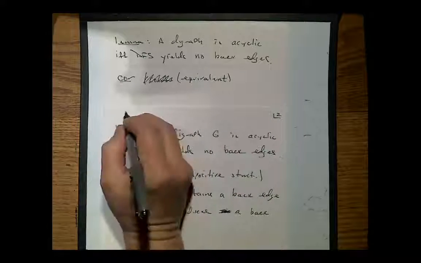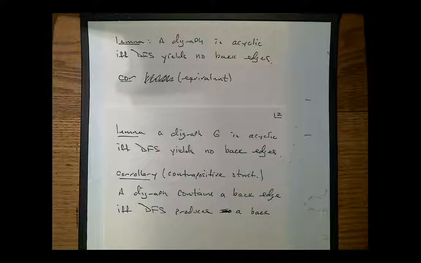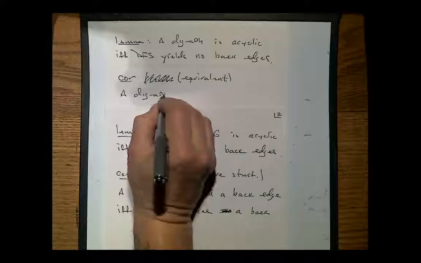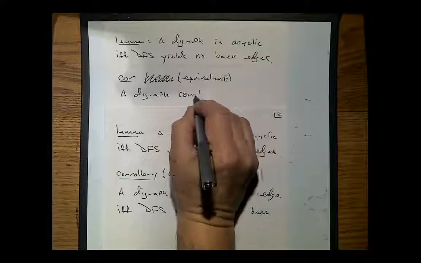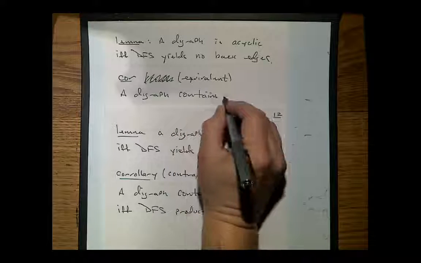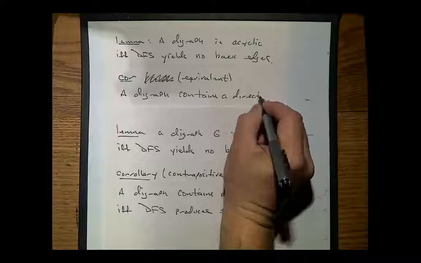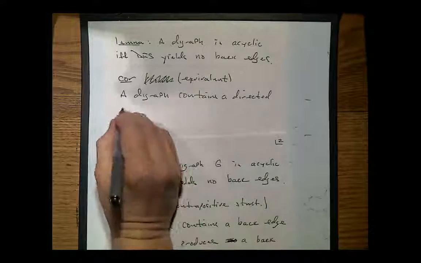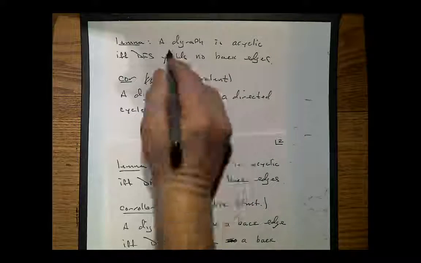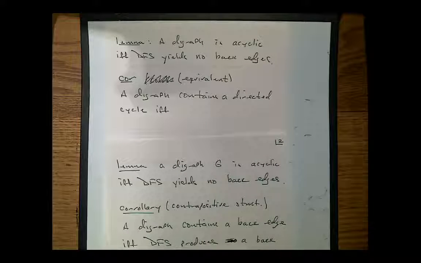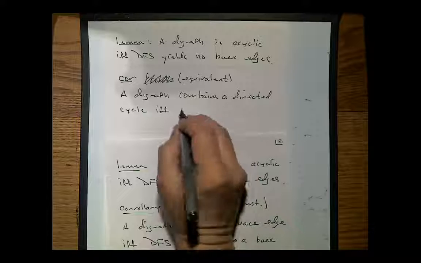An equivalent statement: a digraph contains a directed cycle, that's the negation of being acyclic, if and only if DFS yields a back edge.